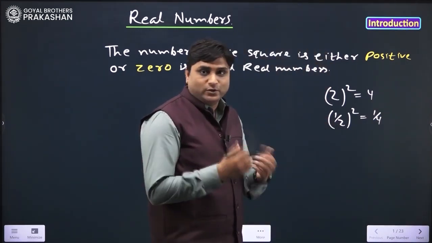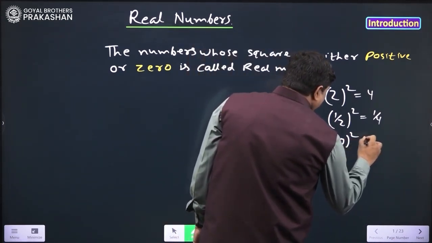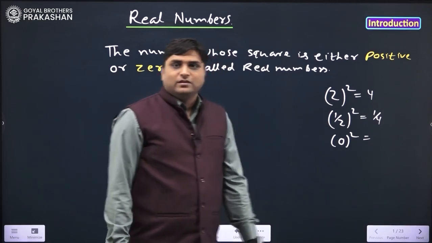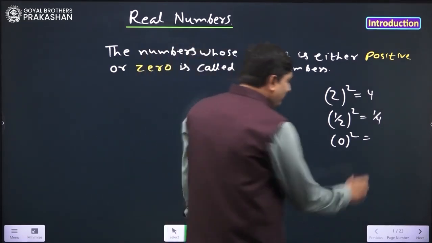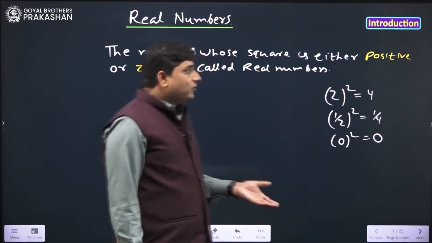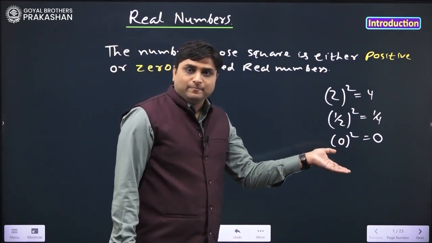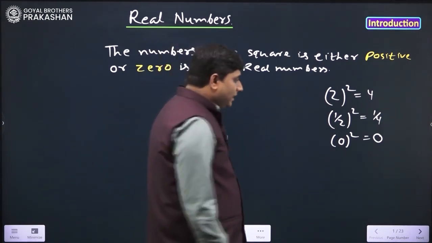Yes, so 1 by 2 is a real number. The square of 0 is 0, is it positive? No, it is 0. So the square of a number should be either positive or 0. So square of 0 is 0 only, which means it is also a real number.